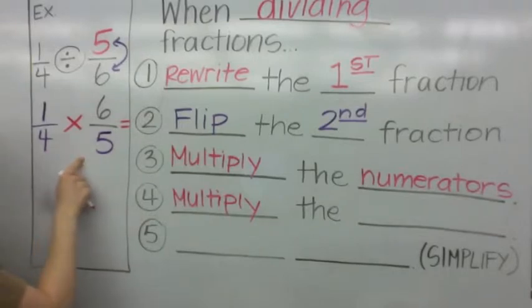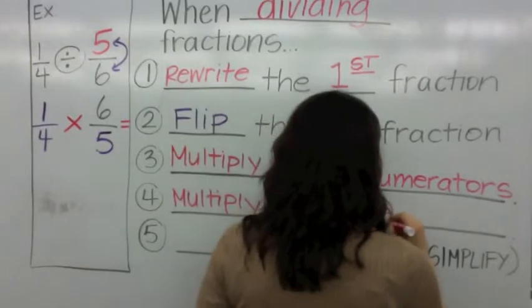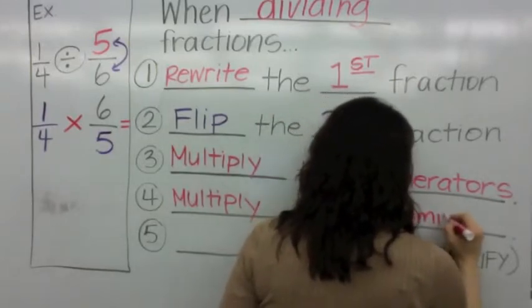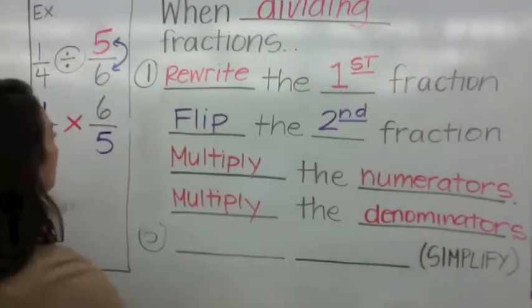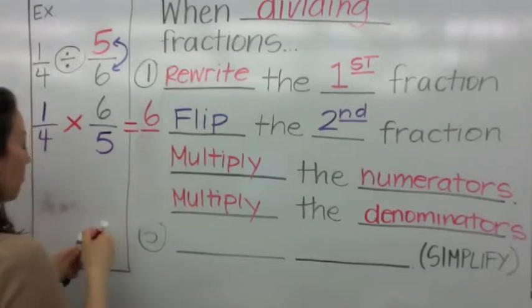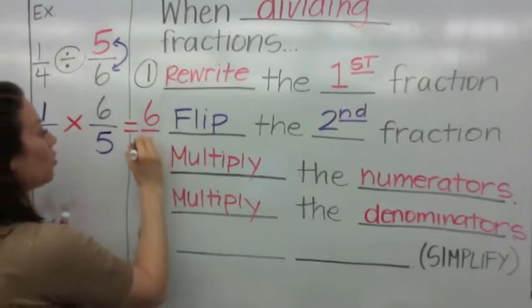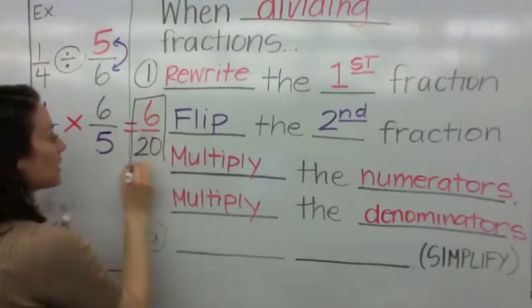They're called the, what are they called? The denominators. Very good. Okay, the answer would be 1 times 6 is 6. And what about 4 times 5? It's 20. Okay, so 6/20.